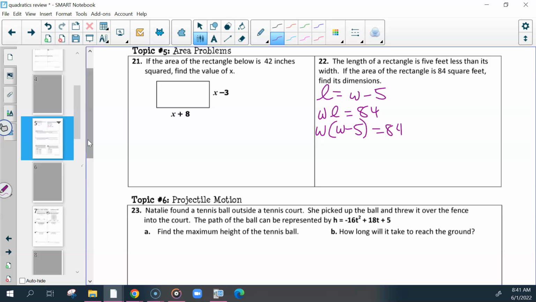Like length of both or just one thing? It would be the same on both sides. Both of the lengths would be equal. Okay. So we could distribute and then move 84 over, and then we have to factor.